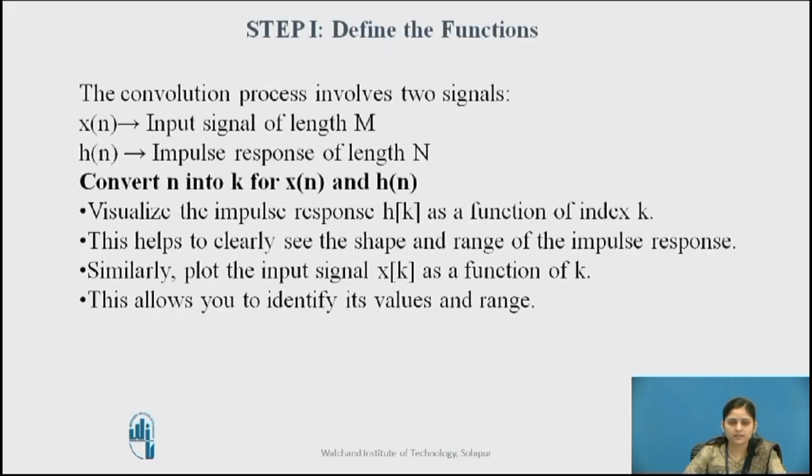Now let us discuss the steps used to perform convolution sum. First step is we have to define the functions here. The convolution process involves two signals: the input signal or excitation signal x of n having length m, and second, the impulse response signal having length n.